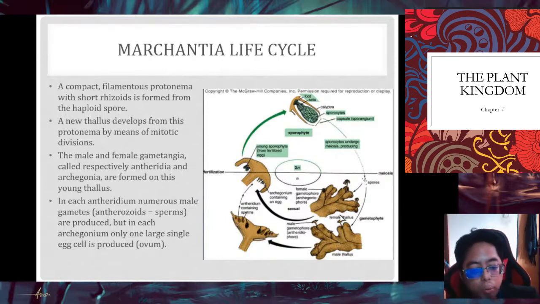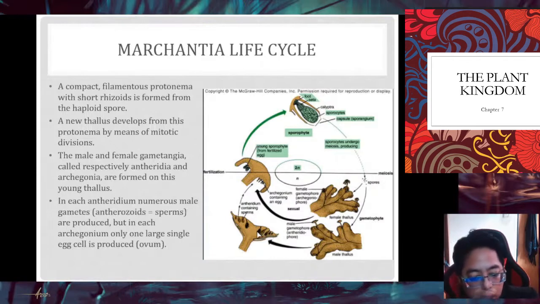Okay, so what is the purpose of these things? They will create a lot of gametes. So these small trees, this one is a female, they will create eggs, and here the male one, antheridia, will create a lot of sperm. Okay, sorry, for egg it's just one single egg, but for sperm there's a lot.